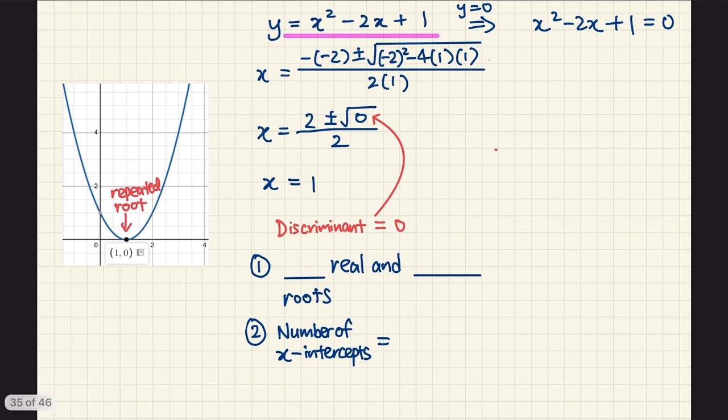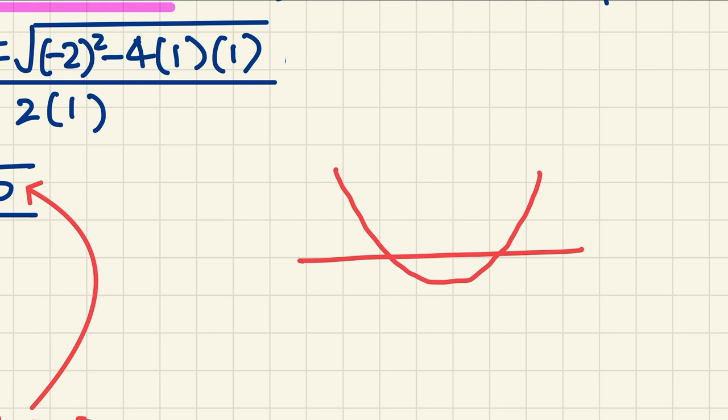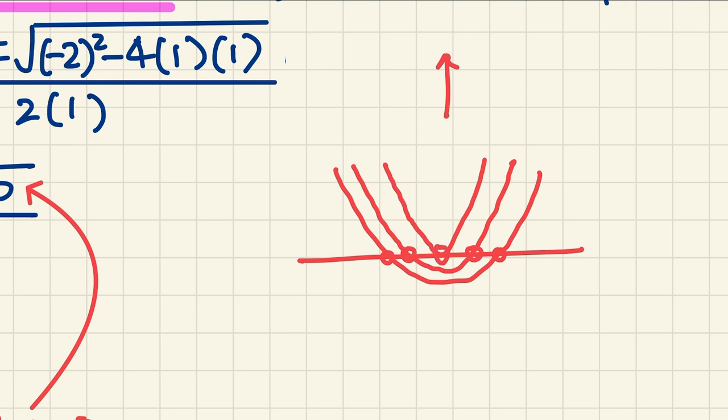Now, how do we understand this? Think of it this way: I have originally this quadratic graph, and as I move the graph upwards, can you see that it is slowly moving towards something like this? Starting from having two real and distinct x-intercepts, we now move towards having only one visible x-intercept.